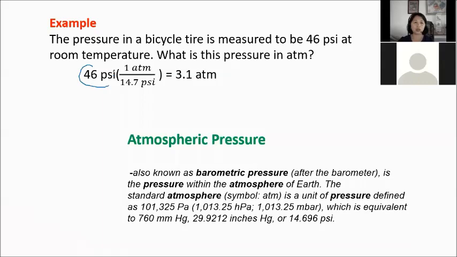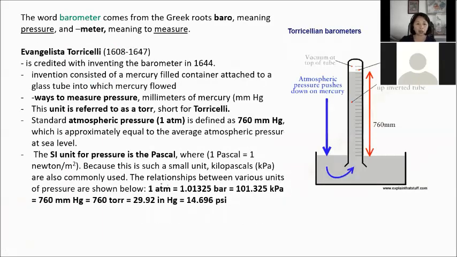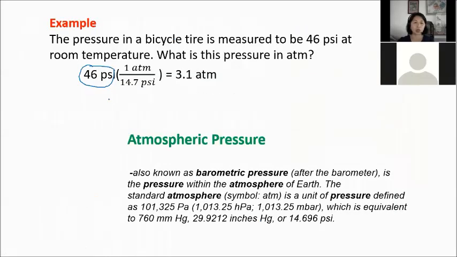So given 46 PSI and kuha tayo ng part dito sa relationship, 1 ATM is to 14.696 PSI or gawin na natin ito 14.7 PSI. Okay, so yan ang dalhin natin dito sa problem solving. That 1 ATM is 14.7 PSI.